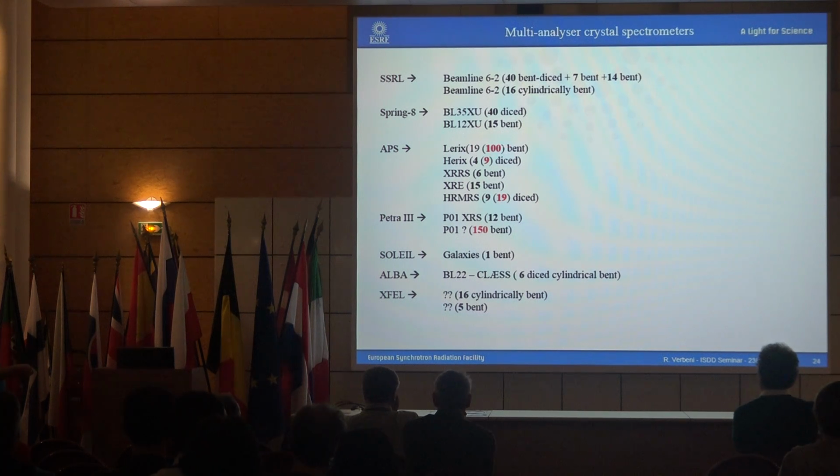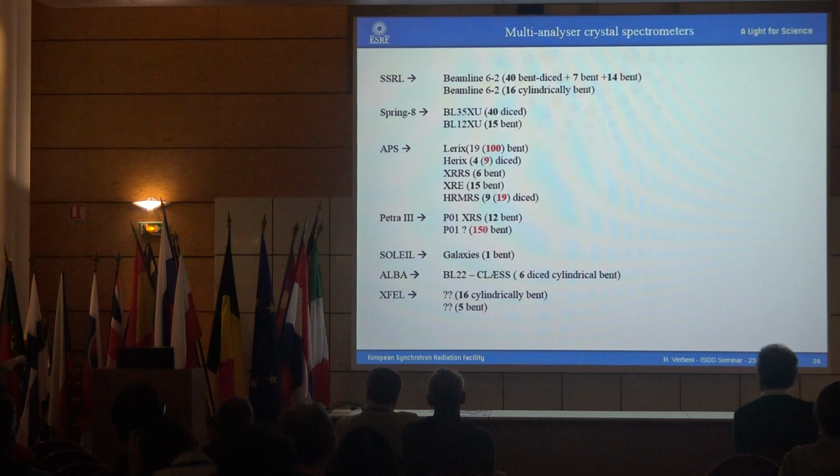Here in red is, I presume, what will be the grade. So they plan to have here more than 100 analyzers, here more 19. APS has a long tradition on spherical analyzers, and they are building the analyzers themselves. So most of them at APS, they build their own analyzers. We start to have quite a lot of analyzers also at PETRA III.